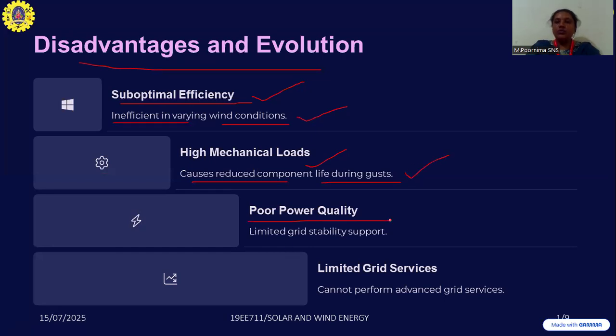Next is poor power quality, with limited grid stability support and limited grid services. It cannot perform advanced grid services. These are the disadvantages.